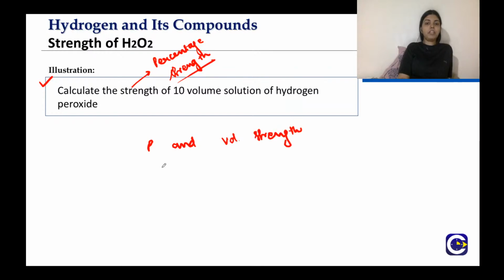Volume strength equals 56 by 17 into P. Apply that formula and let me know what is P.